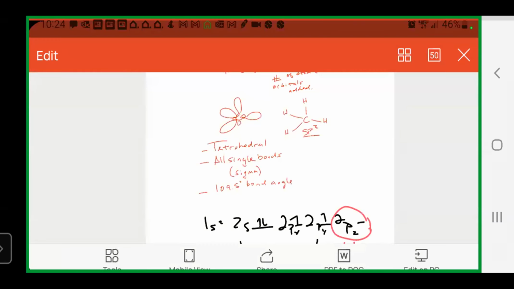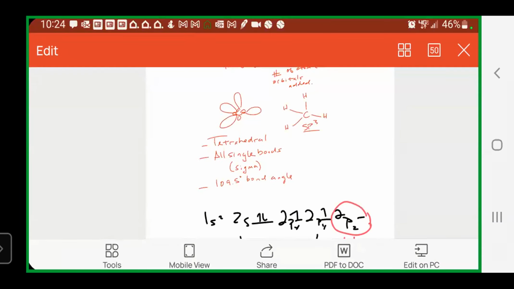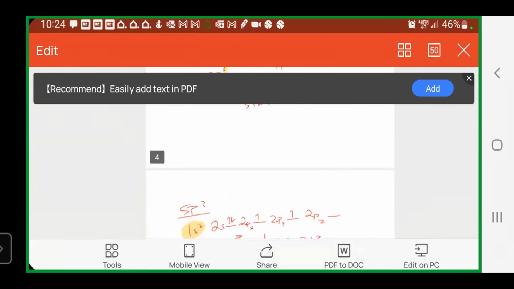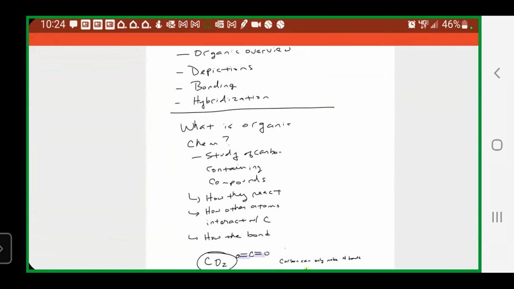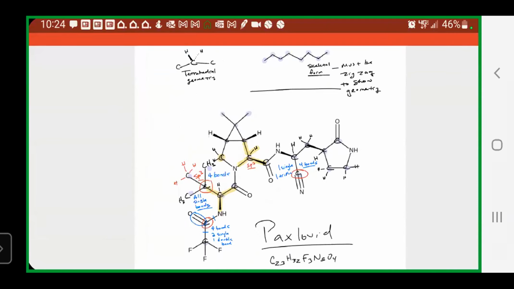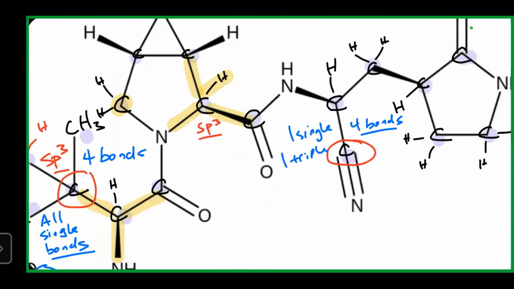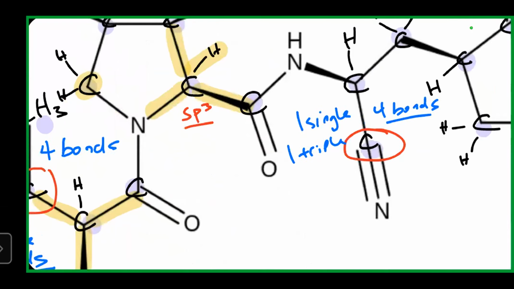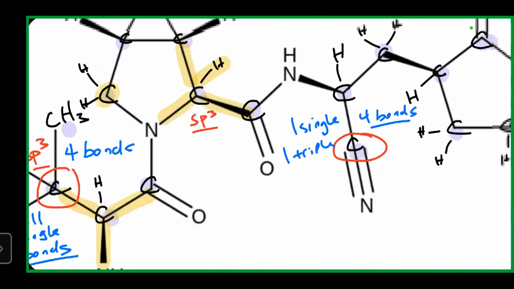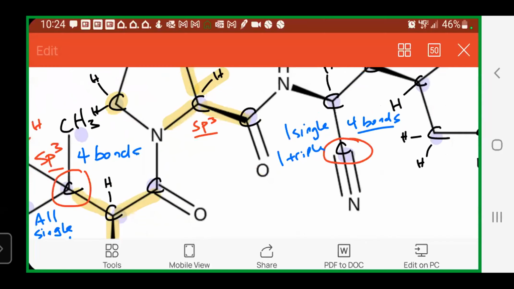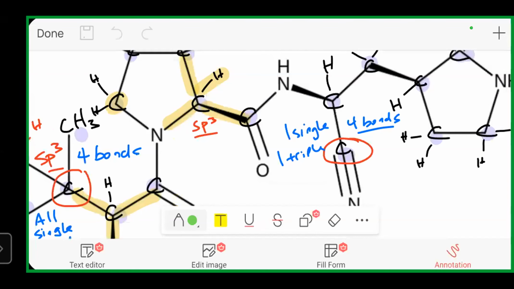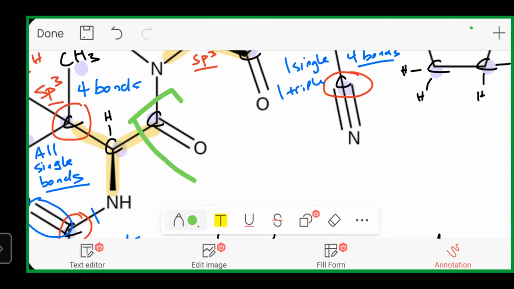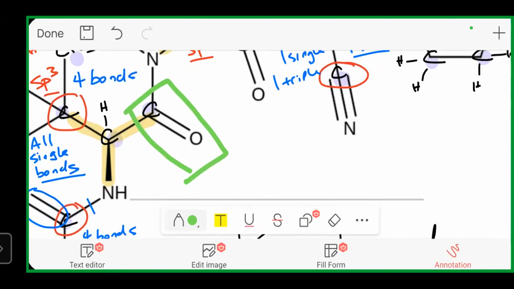So if we go back to Paxlovid, right here. That carbon right there, let's look at that.